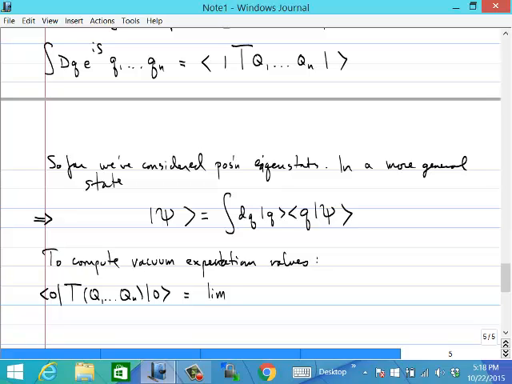So, for example, one thing you might want to do is take your initial state to be in the far past, before any of the times at which you're inserting operators, and your final state to be in the far future. Let's call the initial and final times t prime and t. Then you would get an integral dq prime, and you would have the ground state wave function at time t and a ground state wave function at time t prime.